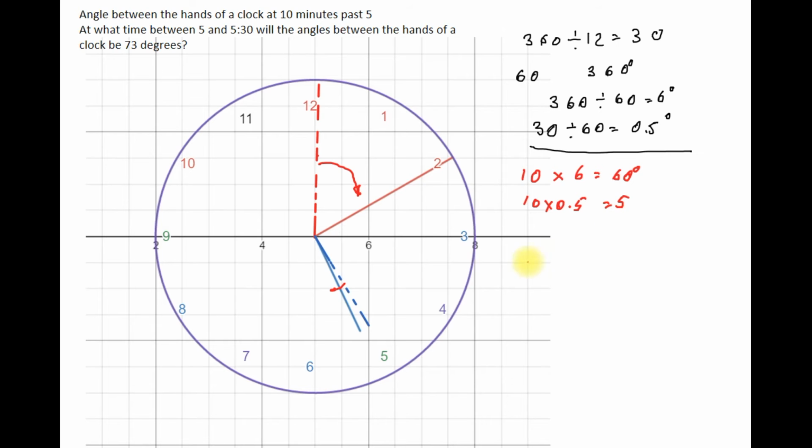Now the hour hand increases the angle and the minute hand decreases the angle. So for every minute, the net change is 5.5 degrees.